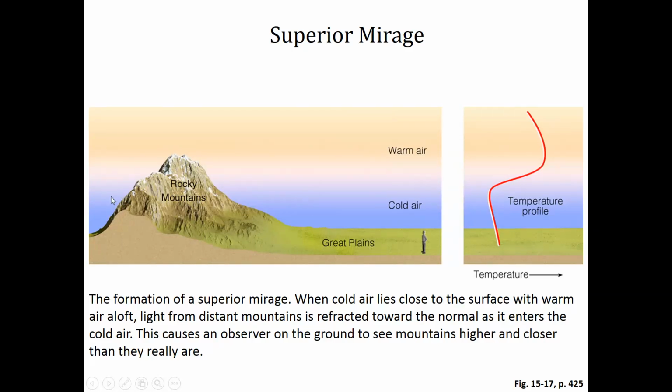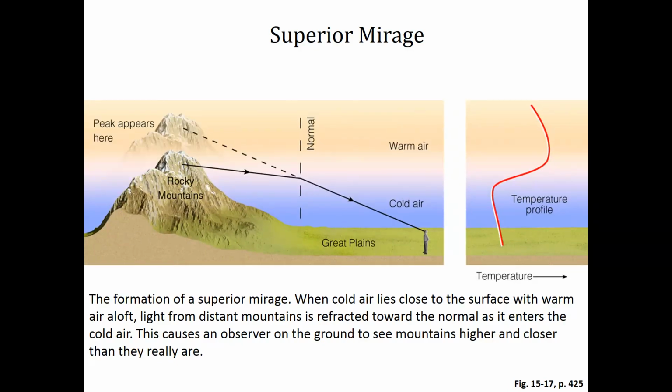It essentially enters another medium. That causes the light to bend. That bending then, when it hits your eyes, gives you the impression that it's coming in from a much higher angle than it was coming in. And so it'll look something like this.